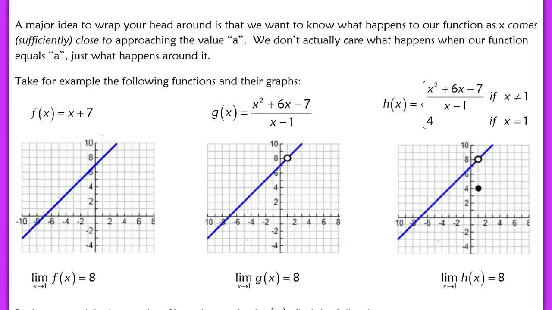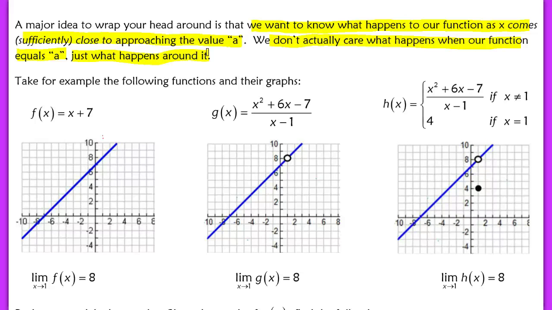Now, a major idea for you to wrap your head around is that when you find a limit of a function, we want to know what happens to our function as x comes close to approaching a certain value a, but we don't actually care what happens when x equals a. We only care about what happens immediately around a. So as it gets really, really close to a, we want to know what happens to the function, but not when it equals a.